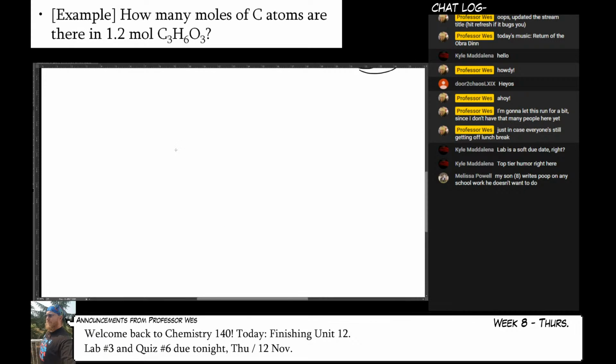Like, that's fine. So let's start by writing the ratios between the molecule and its parts. So I would say in 1 mole of the original thing, how many moles of carbon would there be? What number should I put in front here?